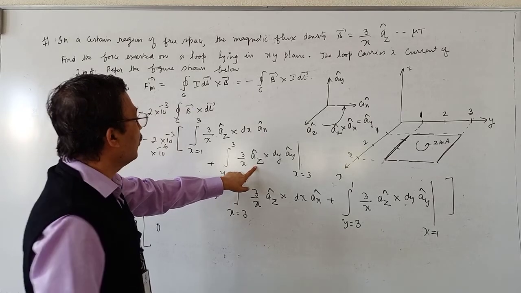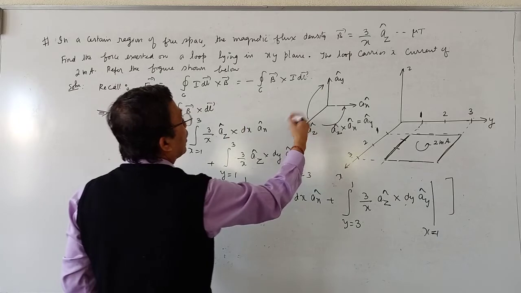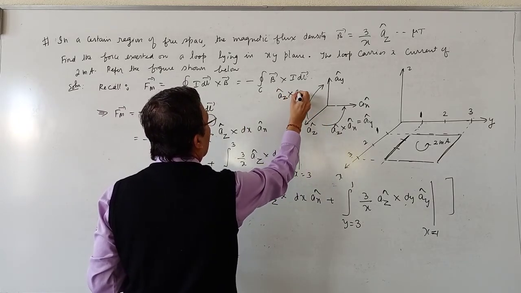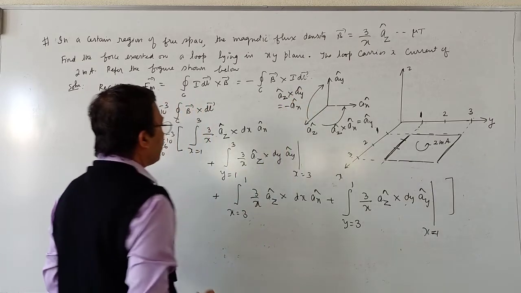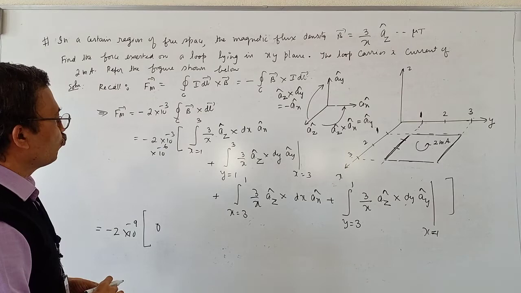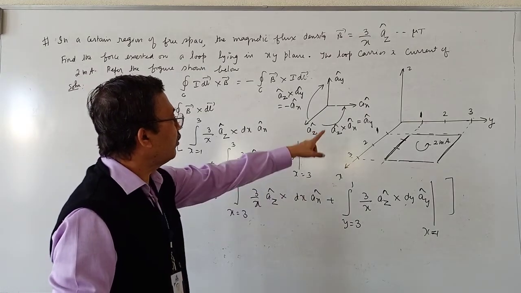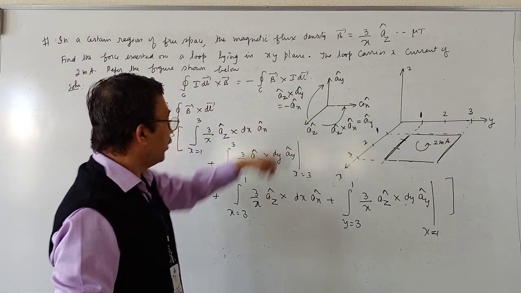Az cap cross Ay cap: you are traveling in which direction? Clockwise. Therefore, Az cap cross Ay cap is equal to minus Ax cap. So Az cap cross Ax cap is Ay cap, and Az cap cross Ay cap is minus Ax cap.